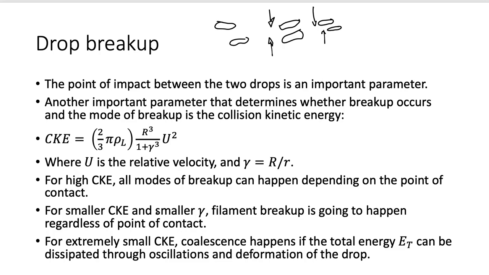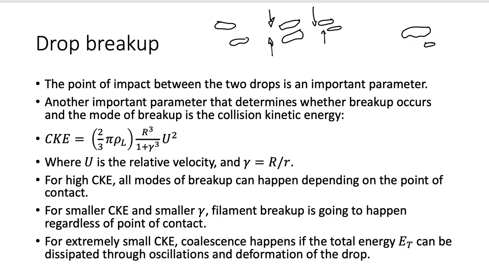And for really, really small kinetic energy, there can be coalescence, provided that the total energy is dissipated through oscillations and deformation of the drop, meaning that in this case, you'd have one droplet and the other droplet, and they will be approaching really, really slowly.